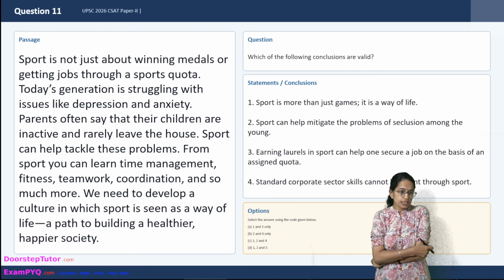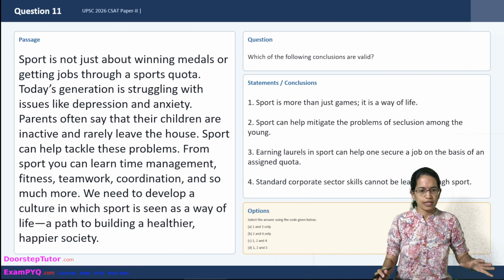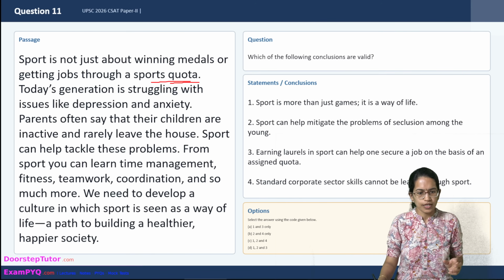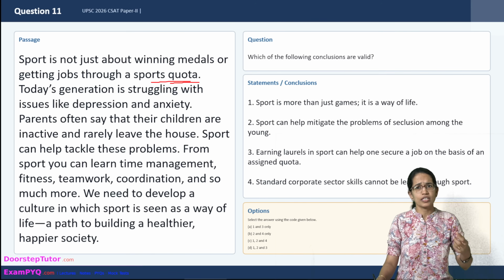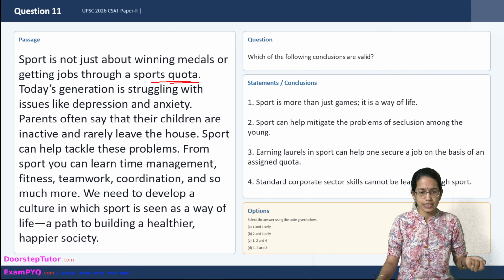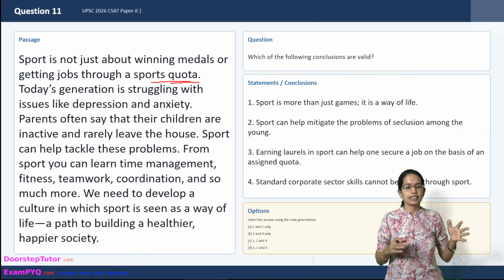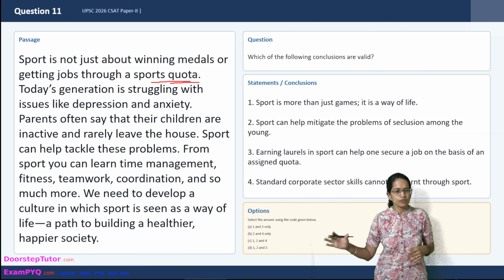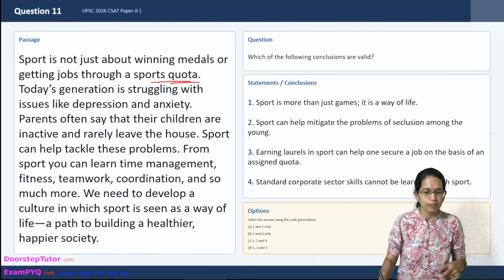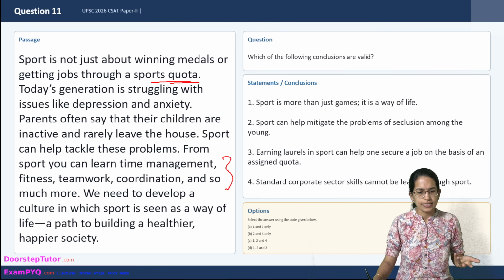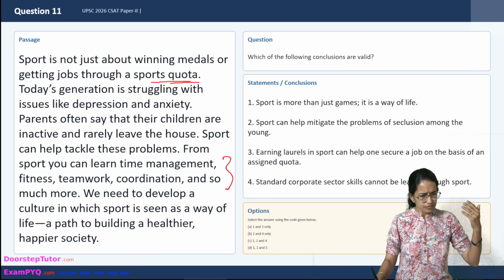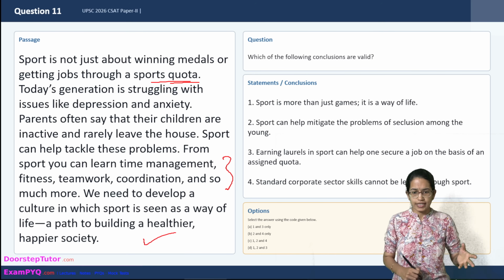The next question is, sports is not just about winning medals or getting a job through a sport quota. It is focusing on the issues of daily life, depression, anxiety. So parents often say that their children are inactive, they do not go out of their home. So sports can help them because it builds team management, fitness, coordination and develops a healthier life.